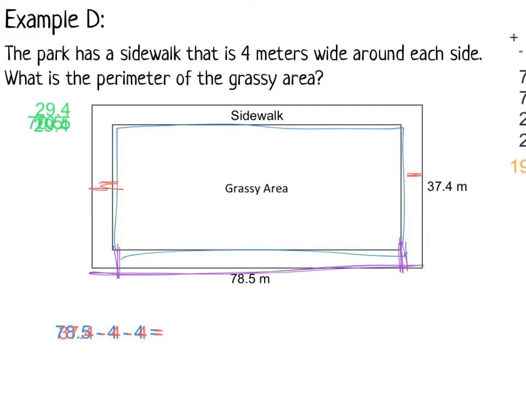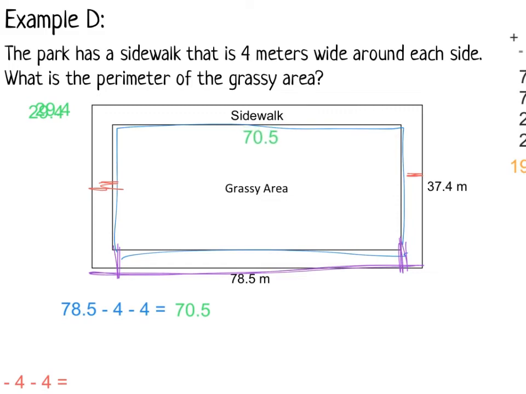So if it's 4 meters on both sides, I can take my 78.5, subtract 4 for one side of the sidewalk, subtract 4 for the other side of the sidewalk, and when I do that, I end up with 70.5. So I know the long side of my garden is 70.5.